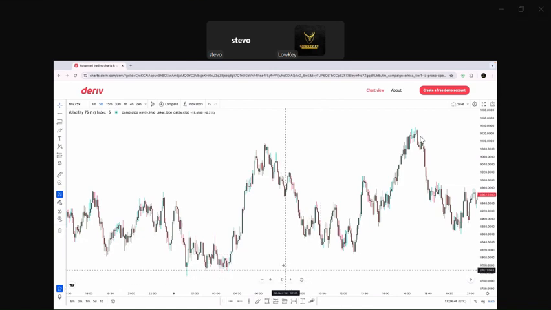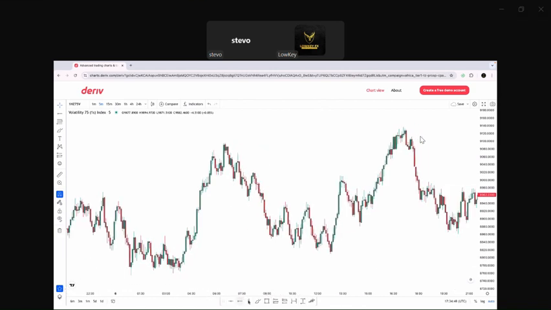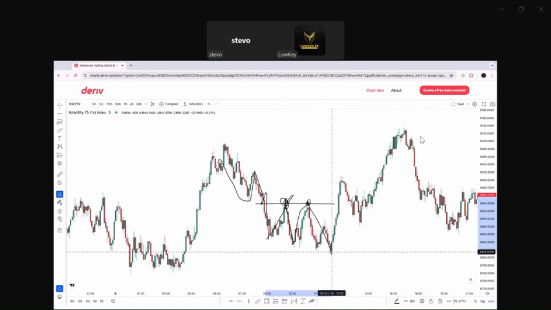We have this example right here. Price gave us a low. We had a high. We made a low. We made a high. Price came to respect this break and retest structure right here that gave us our first sell trade and our second sell trade right there.